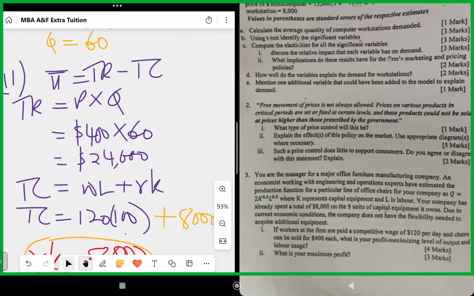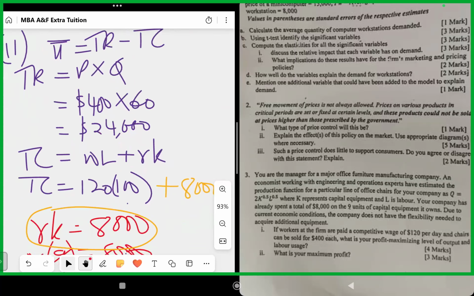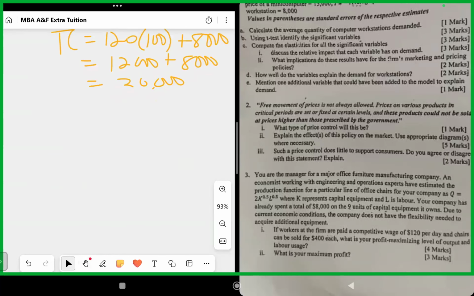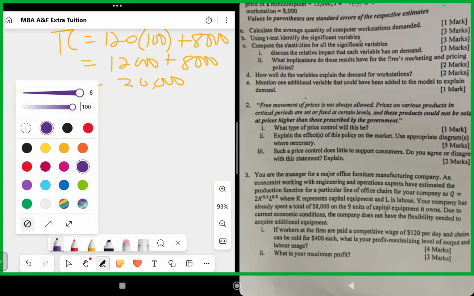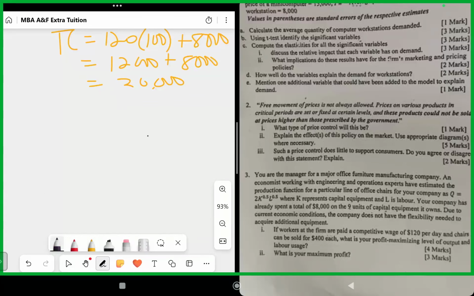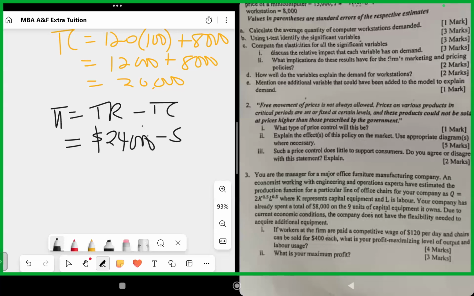So back to the formula of the profits. I have the total profits now to be equal to the TR minus the TC. And we got the total revenue to be $24,000 and our total cost to be $20,000.